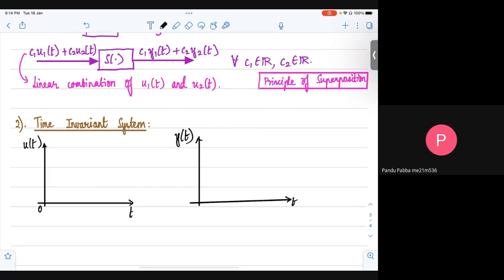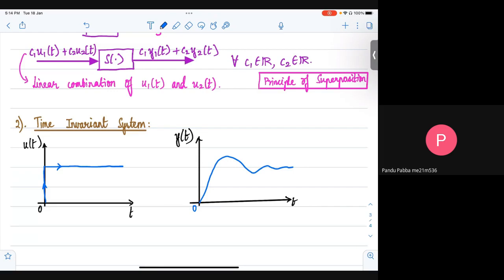Suppose I initially give a step input u of t, wherein we increase the value of the signal at time t equals 0 and keep it constant. And let us say the corresponding output is something like this.